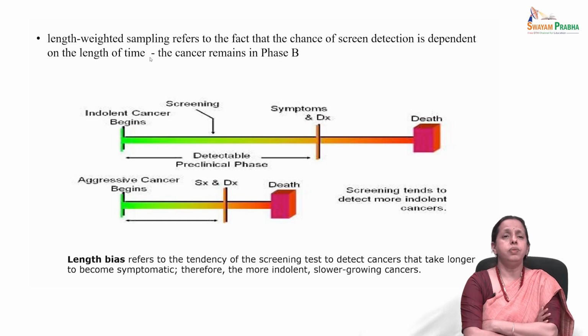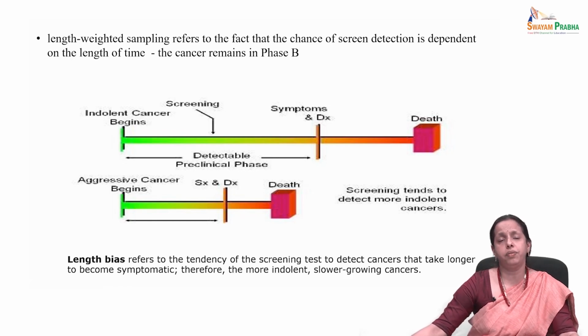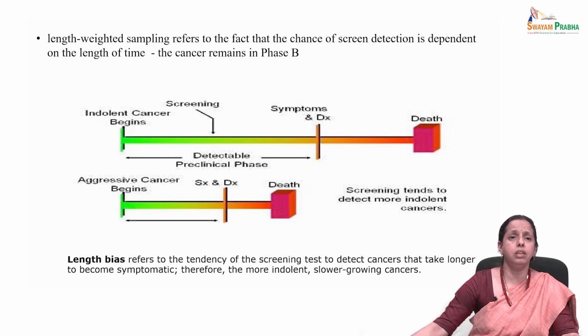One more terminology we will be using is length weighted sampling, which refers to the fact that the chance of screen detection is dependent on the length of time. For example, recollect your earlier figure where the cancer remains in phase B. Here the indolent cancer is not very active, and this is your aggressive cancer.